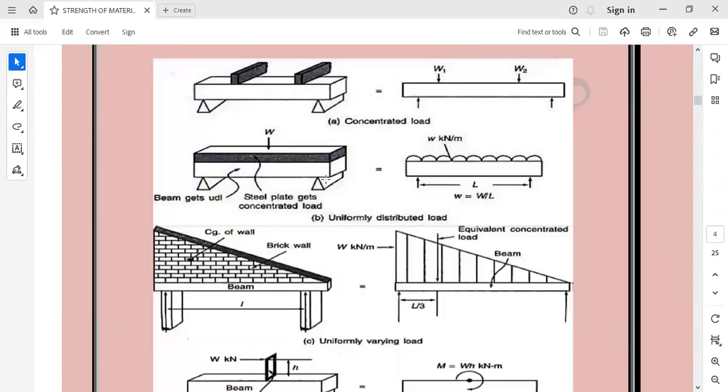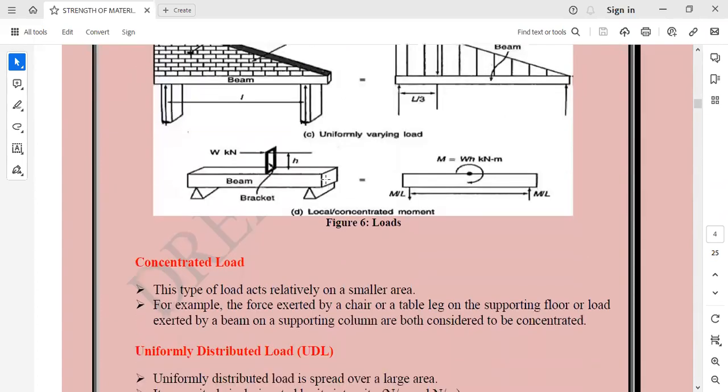The first type of load that we are going to discuss is concentrated load. In concentrated load, the most important thing is that this type of load acts on a small area.